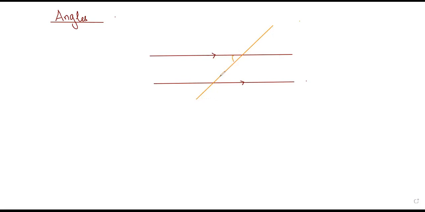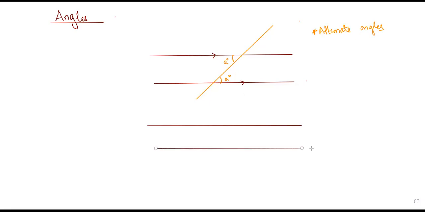This angle and this angle are equal. So if this is a degrees, this is also a degrees, and we call them alternate angles. That is the first thing. Now the same concept again: I have two parallel lines being cut by a transversal.